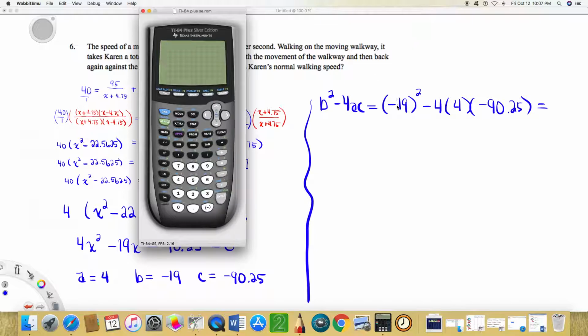Negative times negative is positive, so I'm just going to key it in as 19 squared minus 4 times 4 times my negative 90.25. 1805.